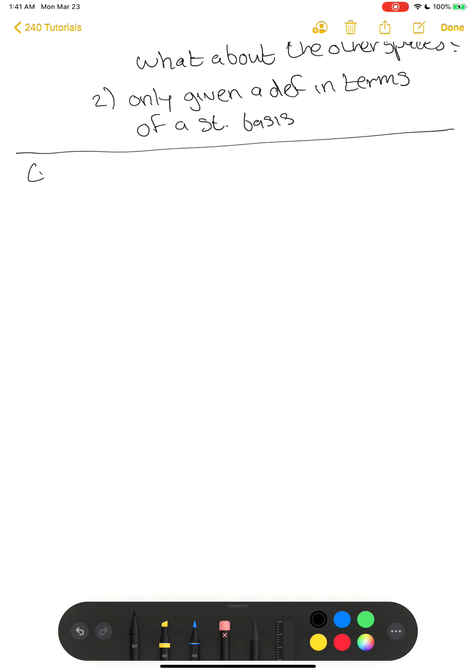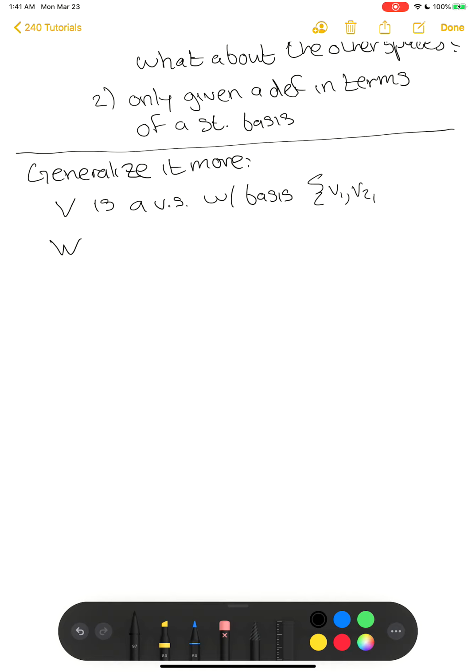So to generalize this definition more, I'm going to assume that I just have a random vector space V and another random vector space W. V has a basis given by v1, v2, all the way up to vn, and W is also a vector space with a basis I'm going to call w1, w2, up through wm.